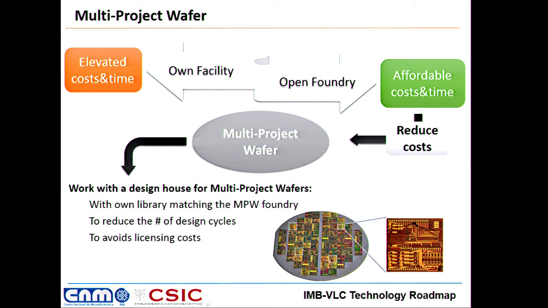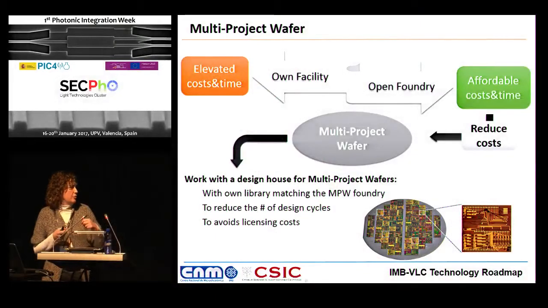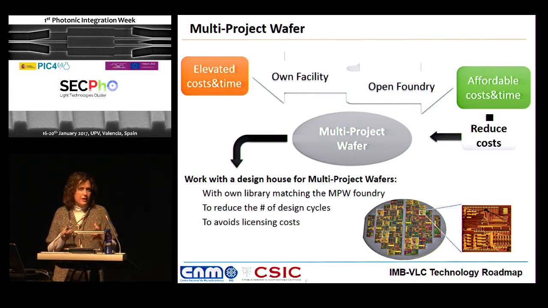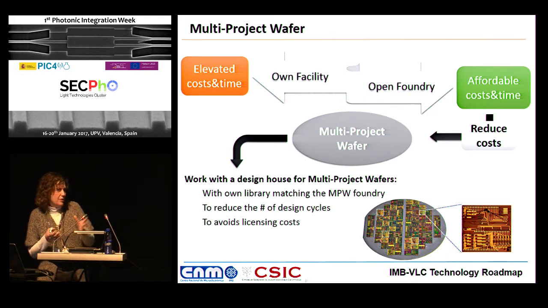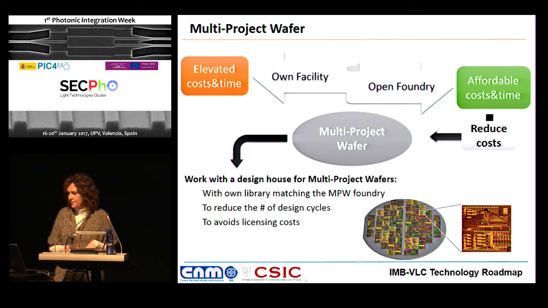That reduces the design cycles a lot, because it has been designed, fabricated, and tested many times, and the fabrication is almost ready for the device. Of course, you also avoid licensing costs, and we think that is the way to reduce costs.